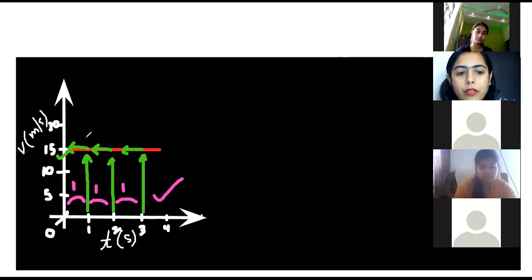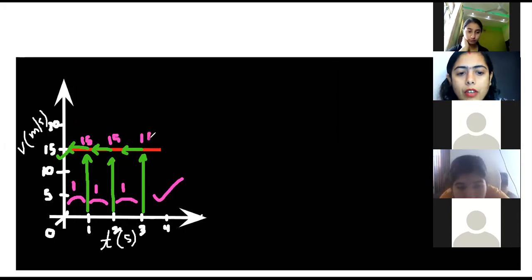Now let's talk about velocity. When the time goes from 0 to 1, the velocity is 15 meter per second. Let's understand it this way: at 1 second, the velocity is 15; at 2 seconds, the velocity is 15; at 3 seconds, the velocity is 15.